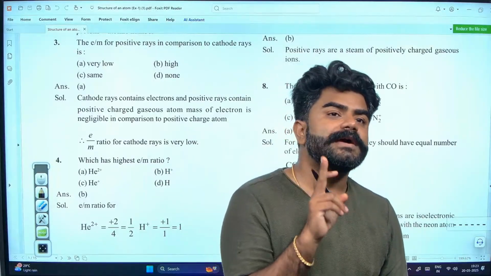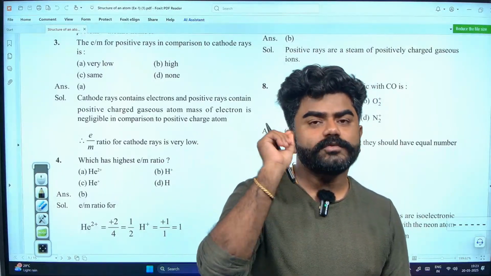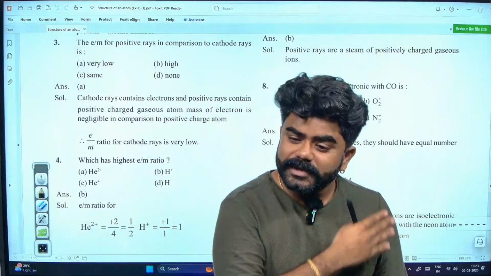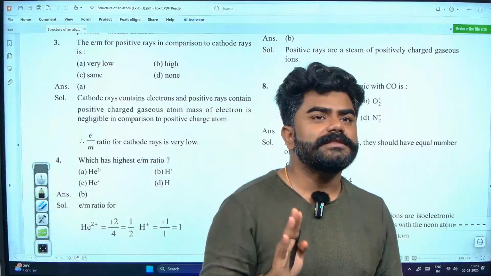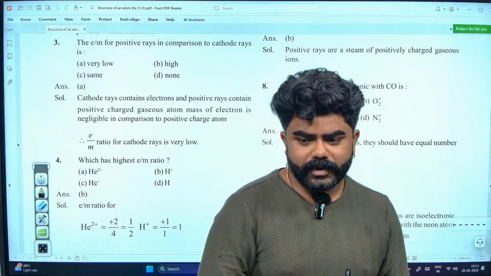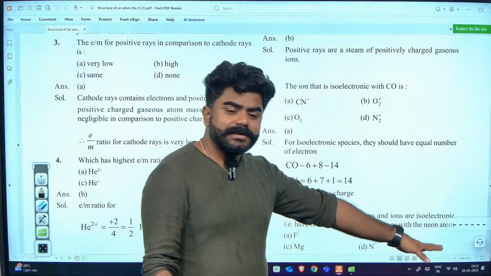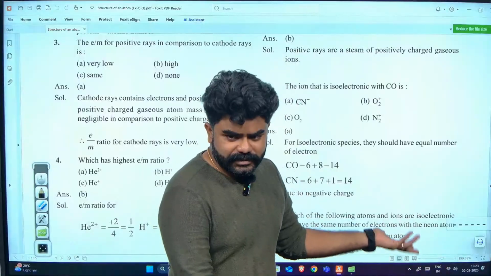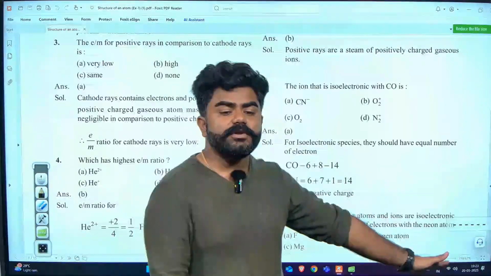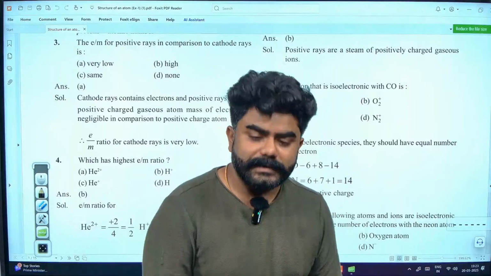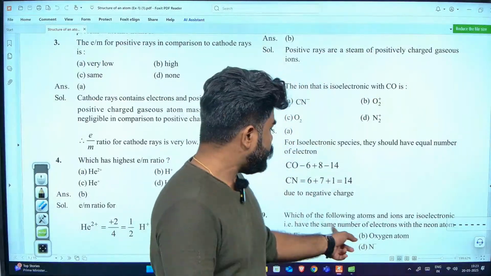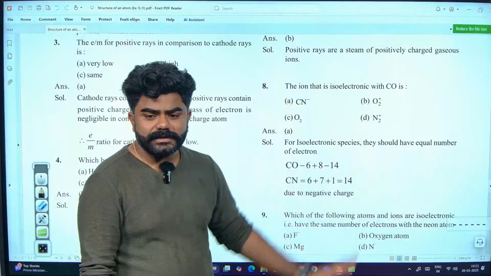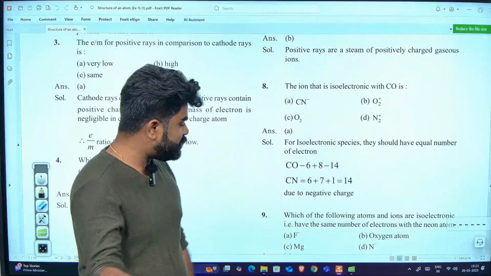I want you to memorize at least the atomic numbers of elements 1 to 30: hydrogen, helium, lithium, beryllium, boron, carbon, continuously like that. Try to memorize 30 to 40. When questions like this come and neon atom is given, if you don't know its atomic number, it will be difficult. Neon has atomic number 10, it is a noble gas. So whichever species given here has 10 electrons is isoelectronic with neon. Find it out.